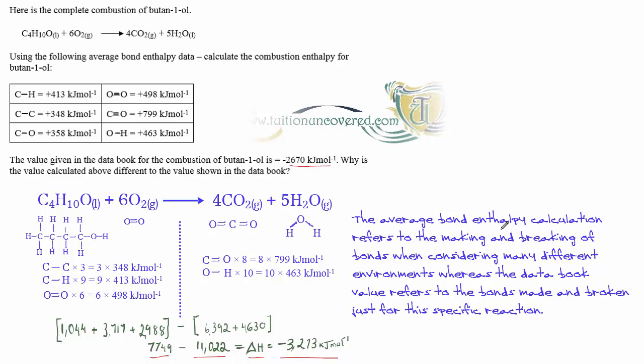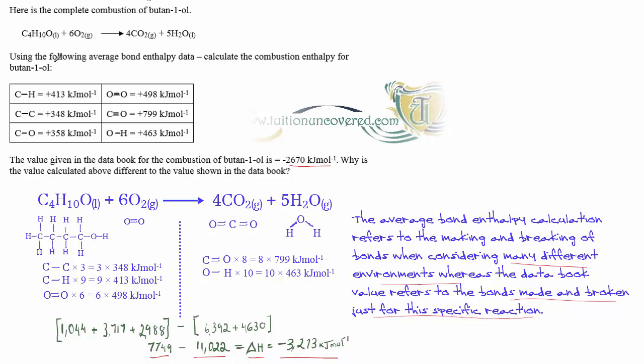Because the average bond enthalpy calculation refers to the making and breaking of bonds when considering many different environments, whereas the data book value refers to the bonds made and broken just for this specific reaction. Hence, it's going to be accurate for this specific reaction.